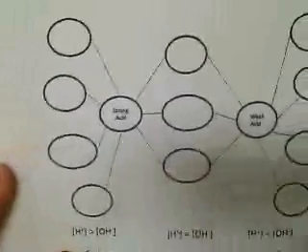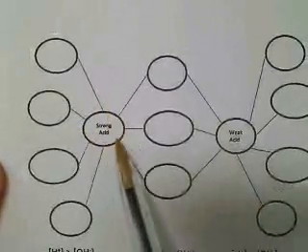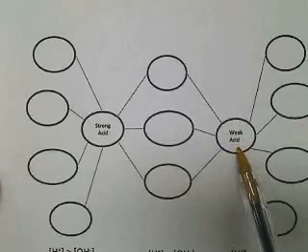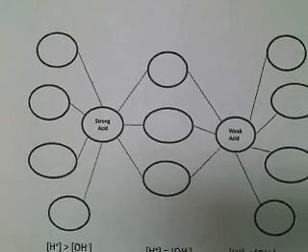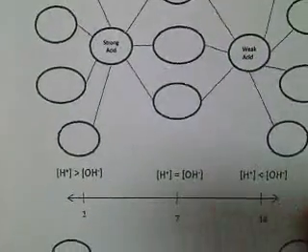This is a bubble map, something like this. Here it says strong acid, and in here it says weak acid. I'm not sure you can read this, so you might want to pause it and write this too.